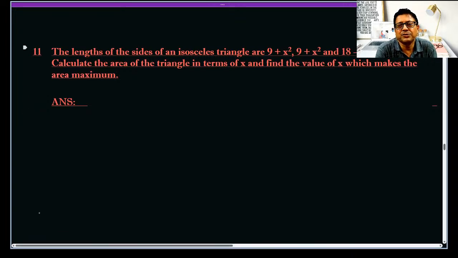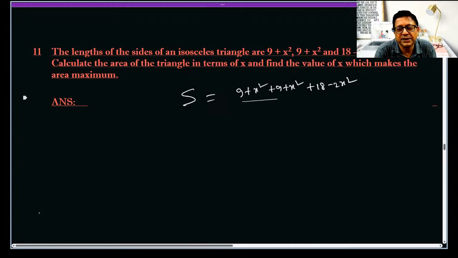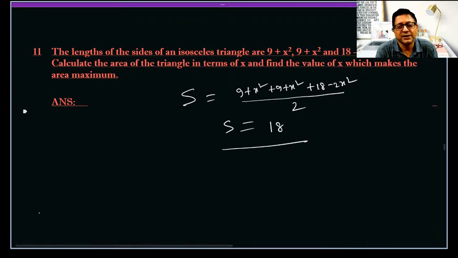The lengths of the sides are given. So S equals A plus B plus C, divided by 2. So this is 18. S is 18, clear?